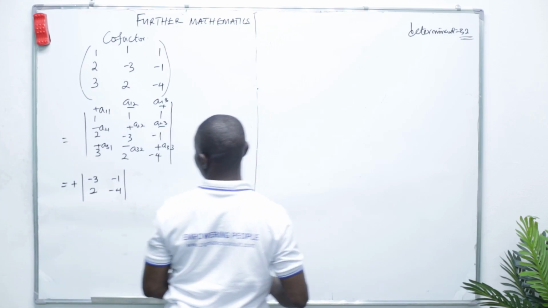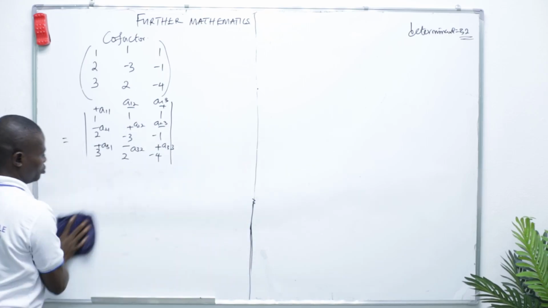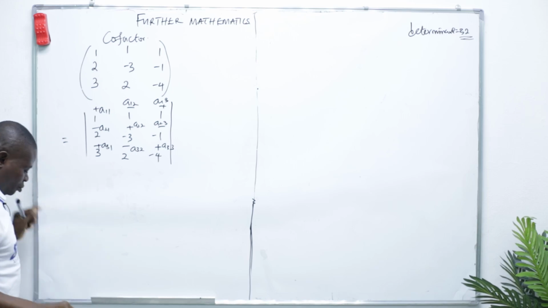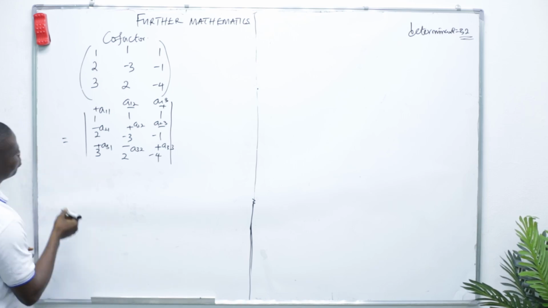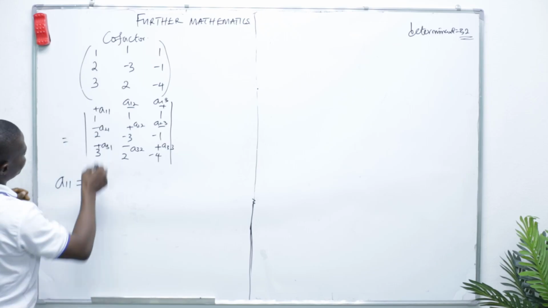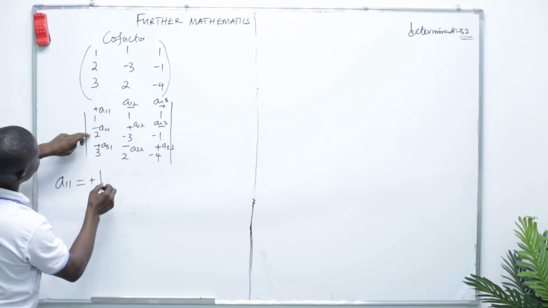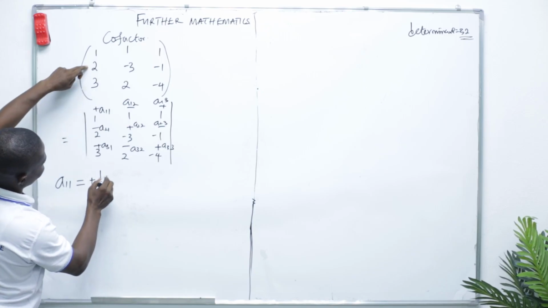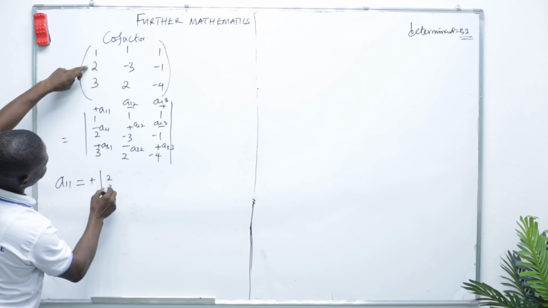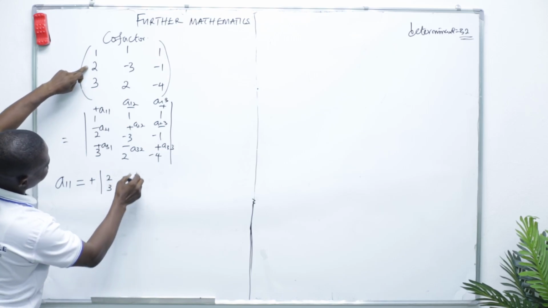When I have this, A11 equals this way. Let's do plus, into 2, 3, minus 3, and 2.